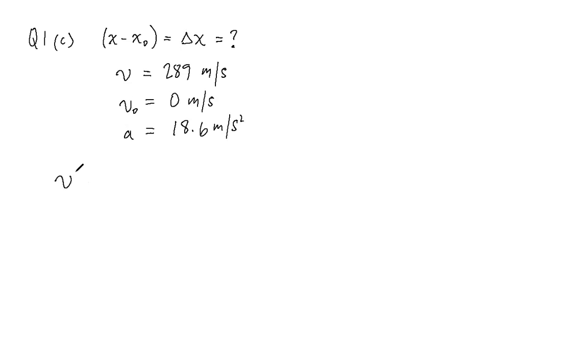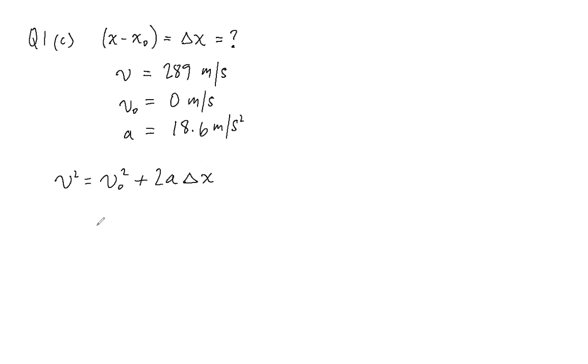That says v squared is equal to v0 squared plus 2 times the acceleration times delta x. Okay, so I'm using the shorthand for x final minus x initial. And if we go ahead and solve this for delta x, we do a little bit of algebra here.